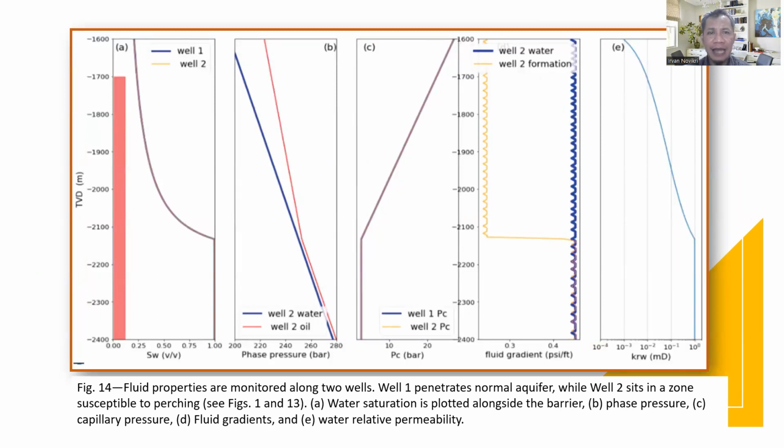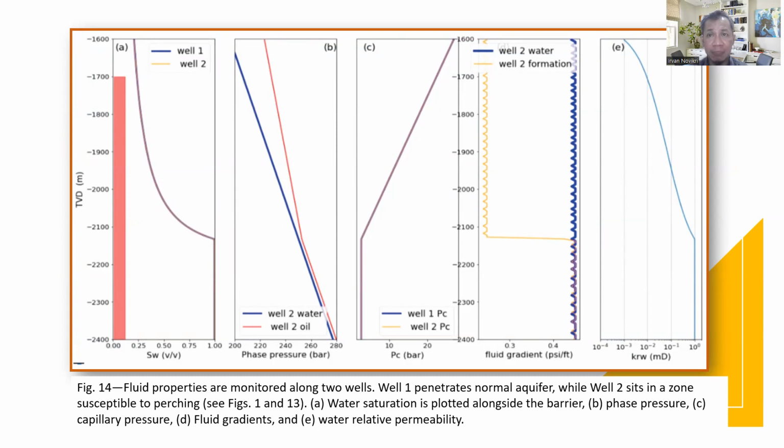On the next slide, as we can see, the figures represent the monitoring of fluid properties along the well. Well 1 is a regular aquifer. Well 2 is situated in a region prone to perching.